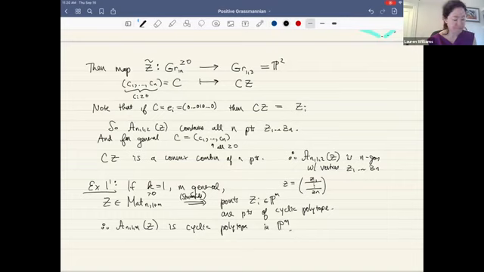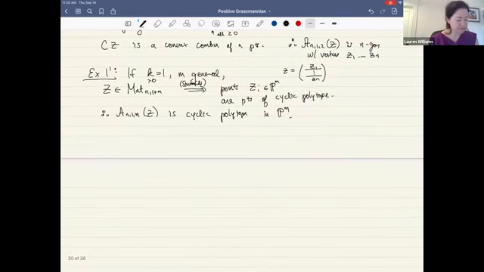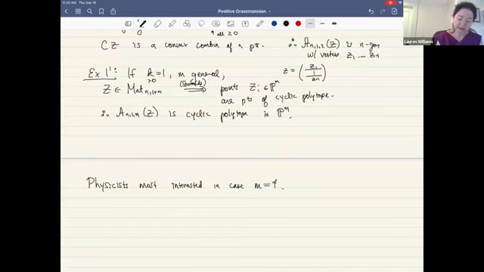Now, just a small note, which is that physicists are most interested in the case that m is equal to 4. And so in that case, our amplituhedron lies in GR_{k,k+m}.